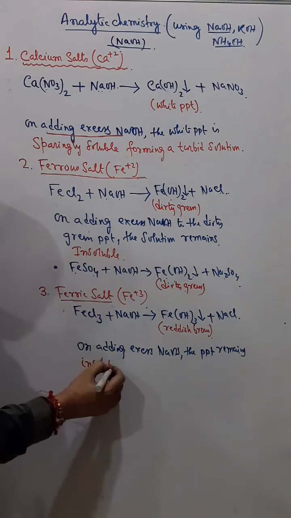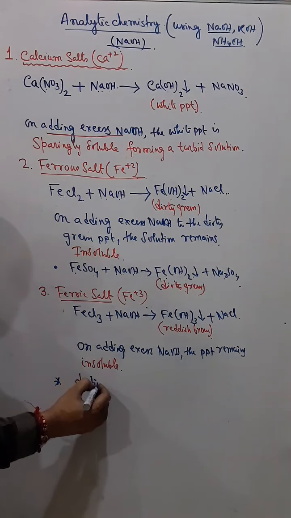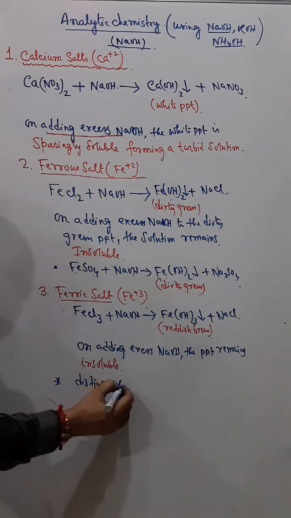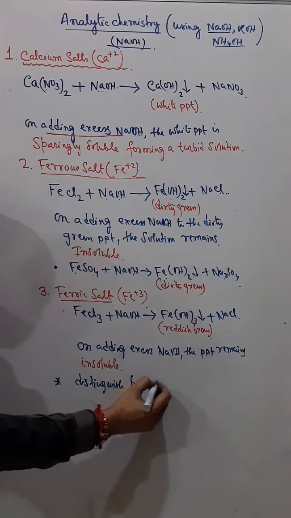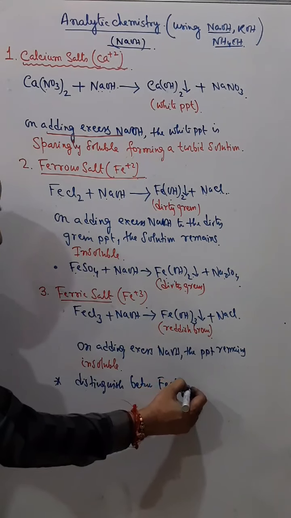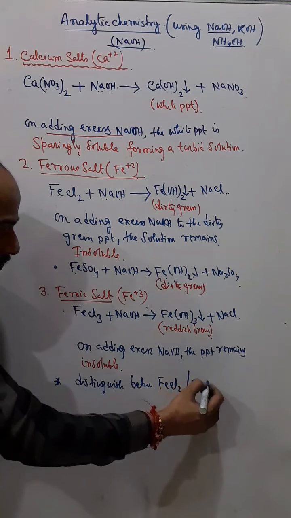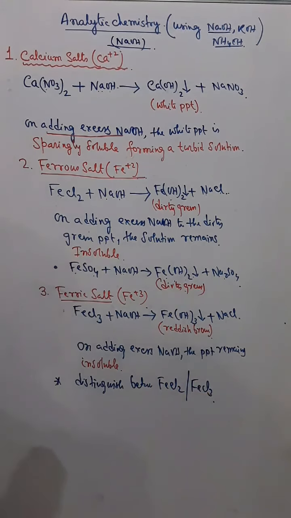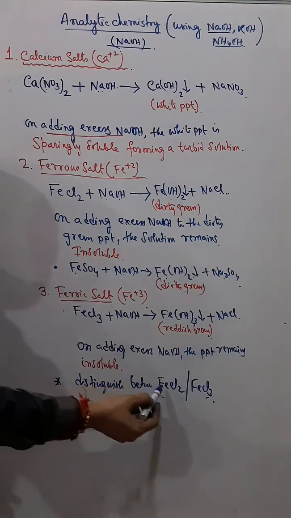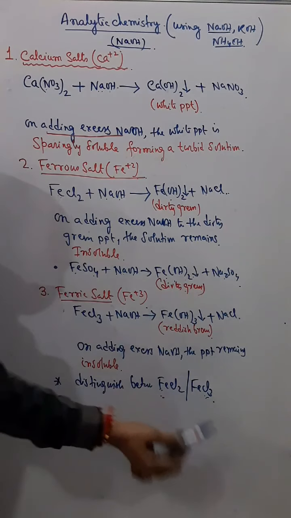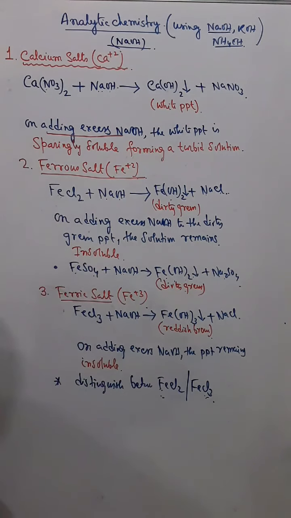Now if somebody asks you, how can you distinguish between ferrous chloride and ferric chloride? Suppose you are given two salts, one is ferrous chloride and one is ferric chloride, and you don't know which is which. They ask how to distinguish between them. So we'll use this test.